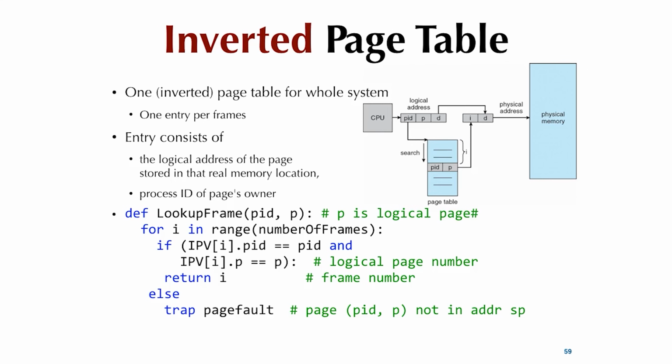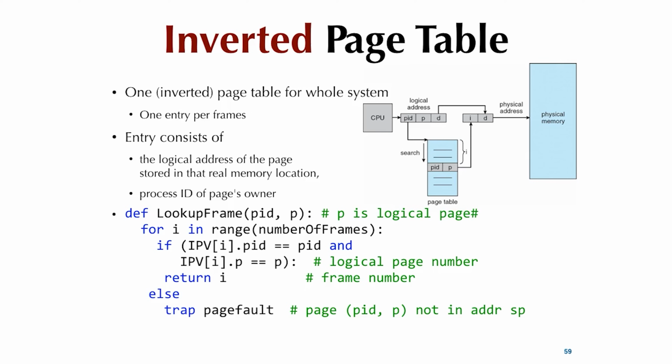Another one is the inverted page table. The inverted page table is saying, well, we have a problem of having to create a huge page table, even if you have multi-level or perhaps even hashed, it's still a lot of entries, right? So why don't we do it the other way around? Because your physical memory is fixed, right?